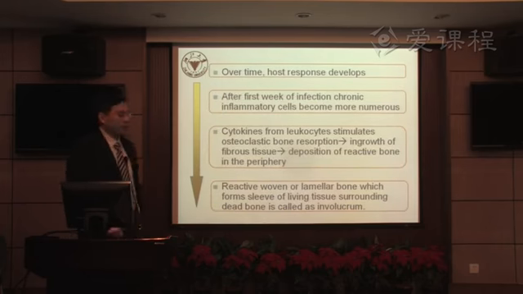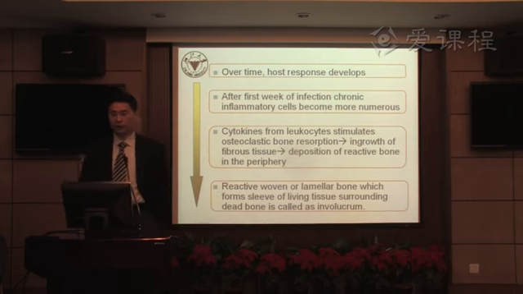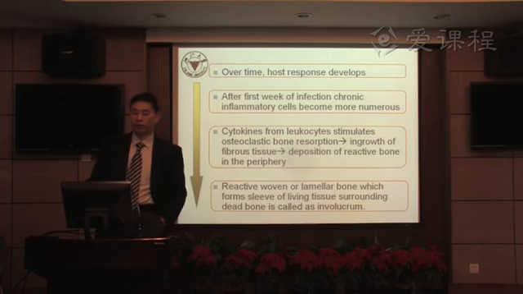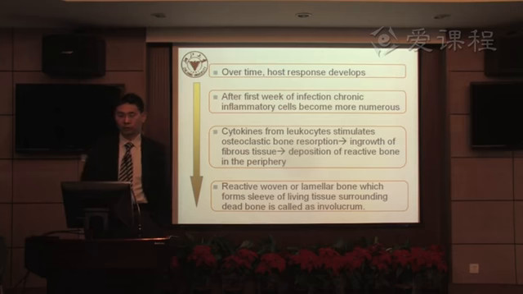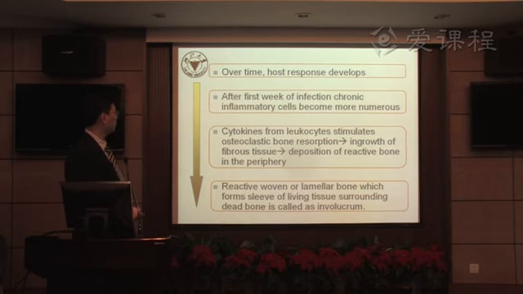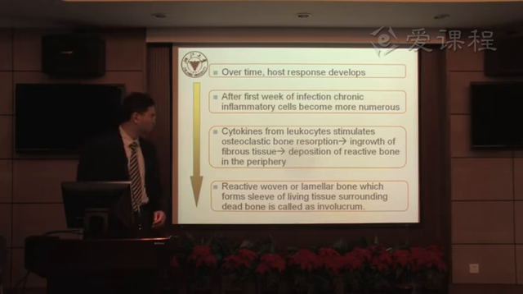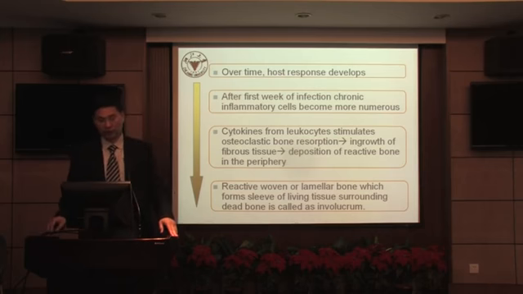Over time, the host response develops. After the first week of infection, chronic inflammatory cells become more numerous, and the cytokines from leukocytes stimulate osteoclastic bone resorption, leading to ingrowth of fibrous tissue and deposition of reactive bone in the periphery.